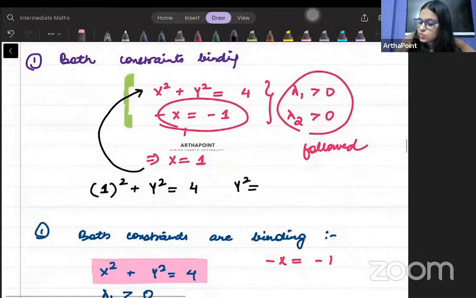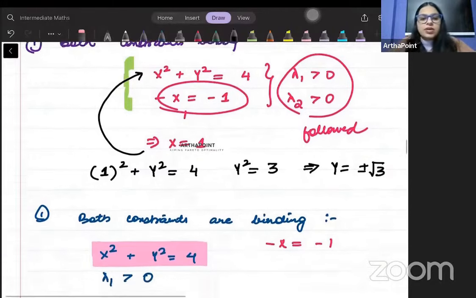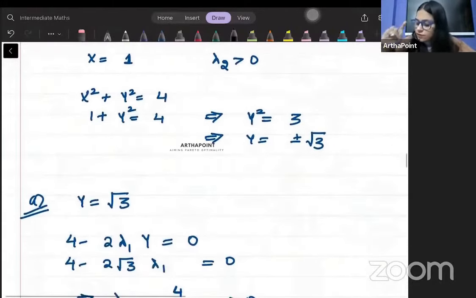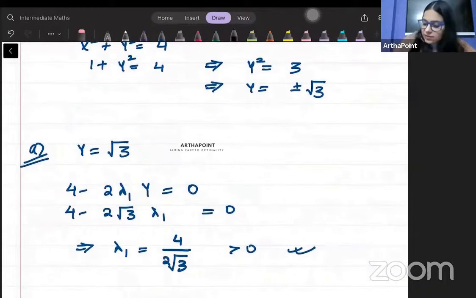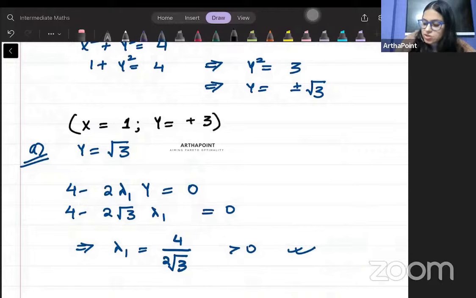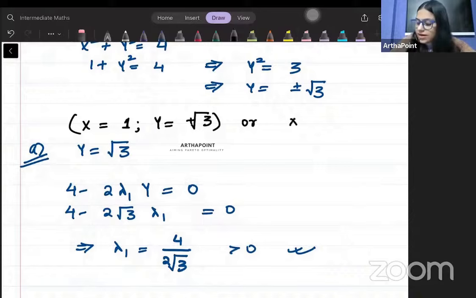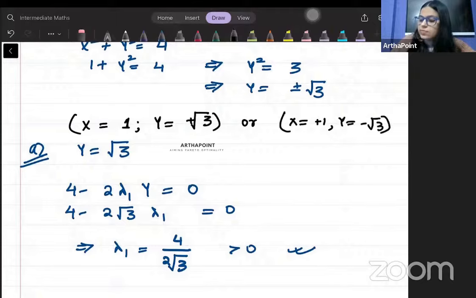So y square is equal to 3. So y is equal to plus minus root 3. ठीक है, so I have got final values. जो मेरे points आए वो आए हैं कि x is 1 and y is plus root 3. This is my first point. And the second point that I have got is x is 1 and y is minus root 3.